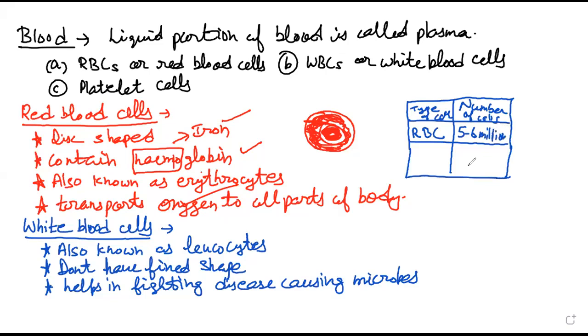Please note down 5 to 6 million. And WBC are 4,000 to 11,000. I am talking about blood cell count per 1/1000 milliliter of blood, right?